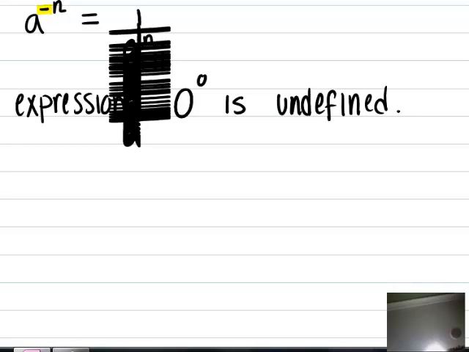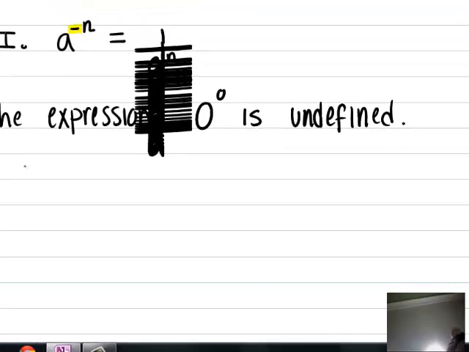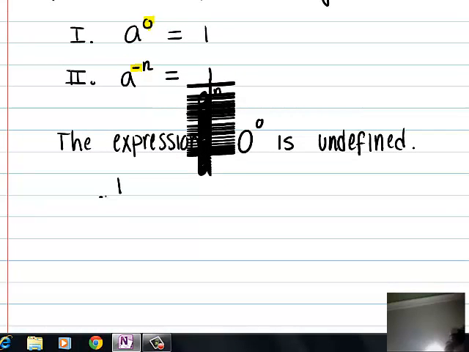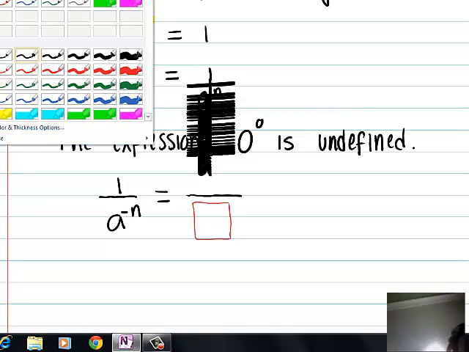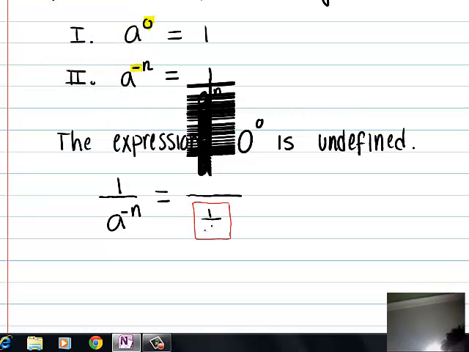By the way, if you have 1 over a to the negative n power, what is this really equal to? Remember what we had earlier: a to the negative n is 1 over a to the n.